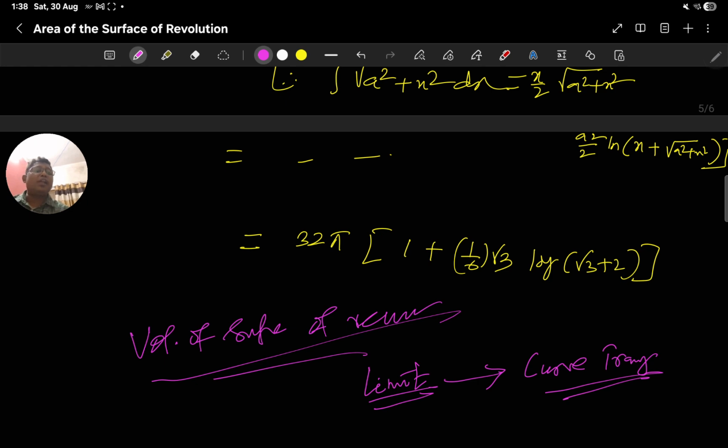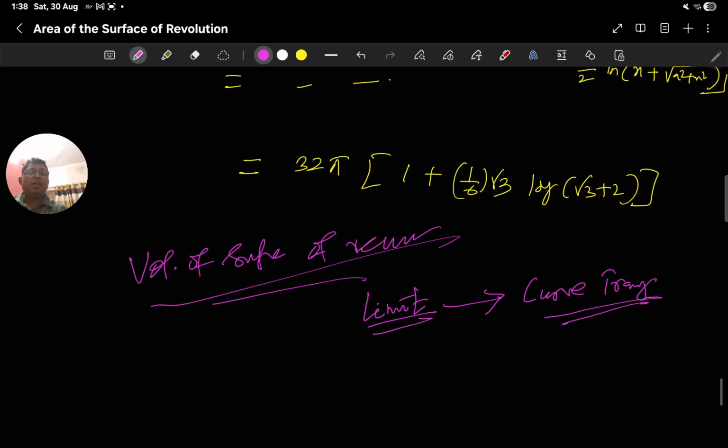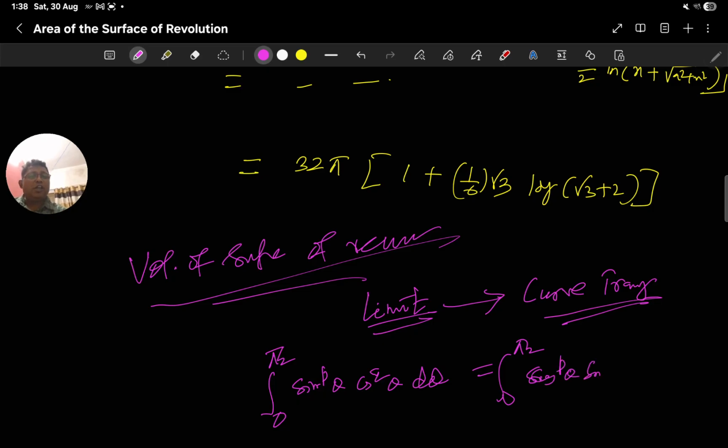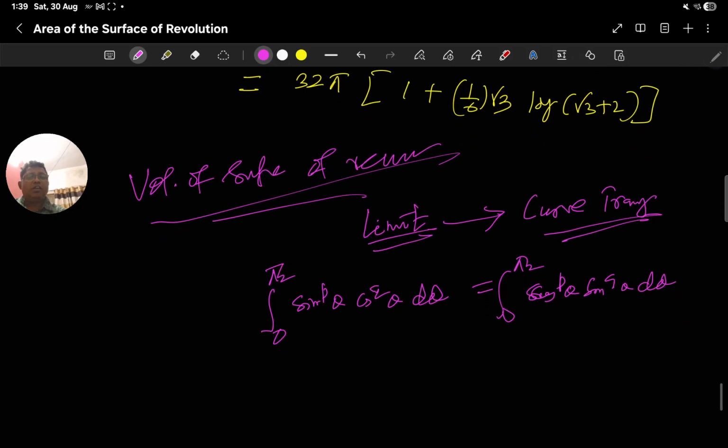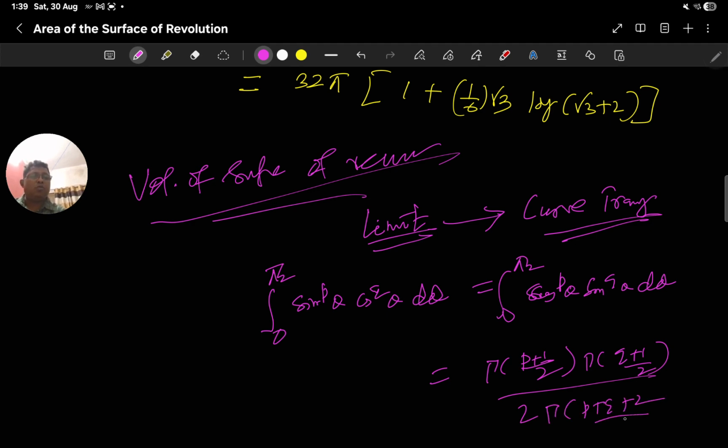Some standard curves you should remember, and also the beta and gamma functions. Integral 0 to pi by 2 of sine to the power p theta cos to the power q theta d theta, will be gamma of (p plus 1) by 2 times gamma of (q plus 1) by 2, divided by 2 times gamma of (p plus q plus 2) by 2. This formula you should adopt for easy calculation.